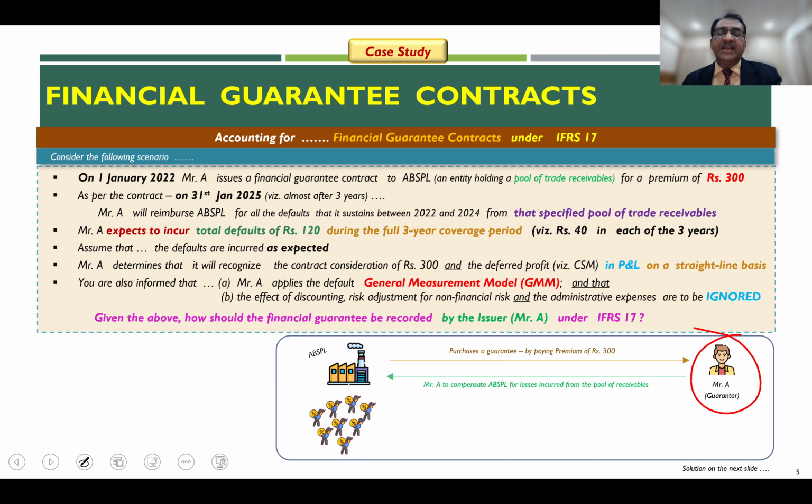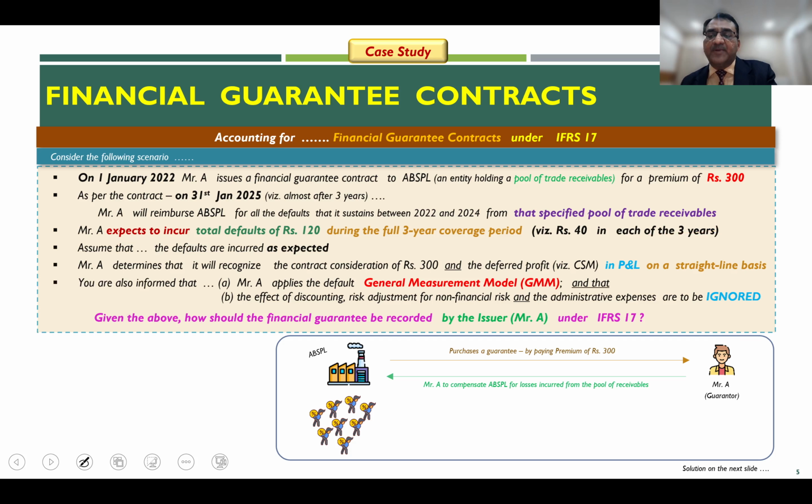Now, the guarantor Mr. A expects to incur a total default of rupees 120 over the 3-year coverage period equally. For simplicity, it is 40 rupees in each of the 3 years. That is the expected defaults which Mr. A expects to bear.